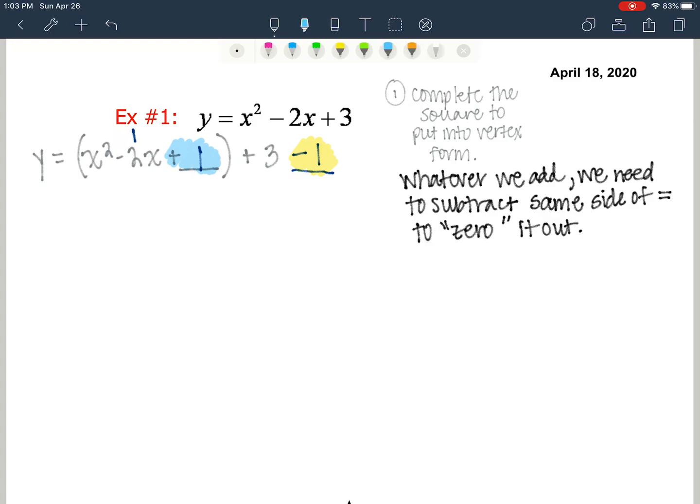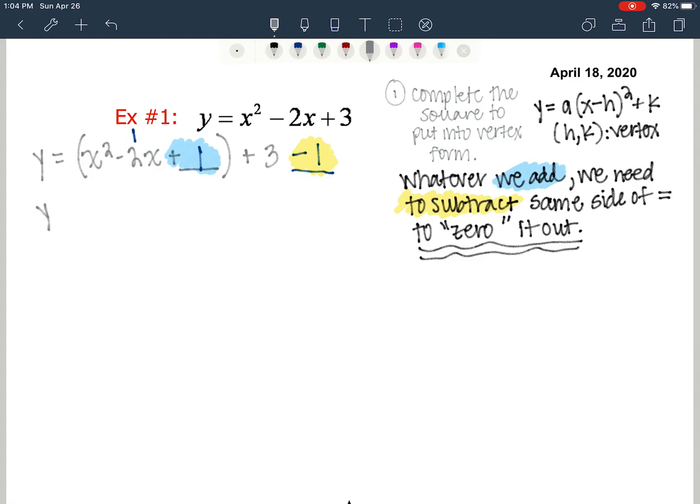So we added 1. We need to subtract out that same 1 on the same side of the equation to zero it out. Our goal is to get this into y equals a times the quantity x minus h squared plus k, because h, k will be our vertex. Okay, so we want to zero that out.